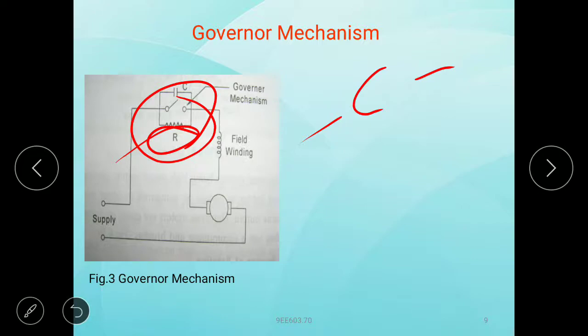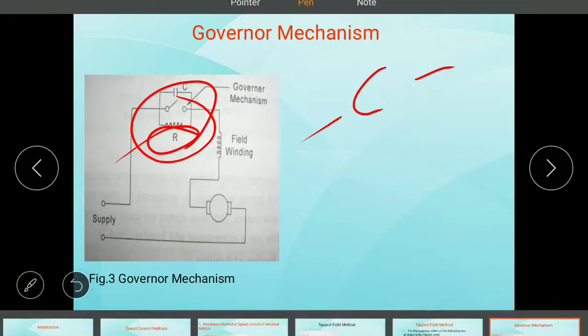These three, C, the governor mechanism and the resistance, are connected in parallel. That parallel combination is in series with the field winding, which is in series with the armature. This is the AC supply.